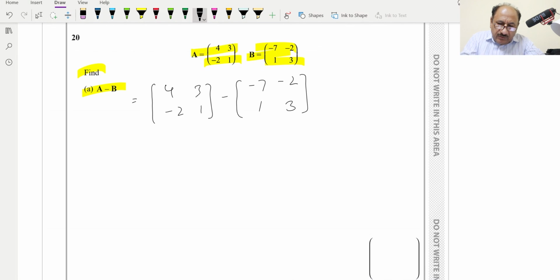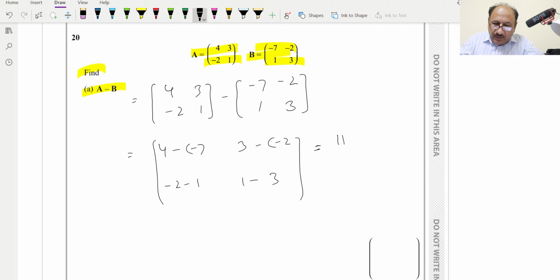When we subtract, we'll write 4 minus minus 7, 3 minus 1, then minus 2 minus minus 2 and 1 minus 3, and this will result in 4 plus 7, which is 11, then 3 minus 1 will be 2, minus 2 minus minus 2 will be 0, and 1 minus 3 will be minus 2.